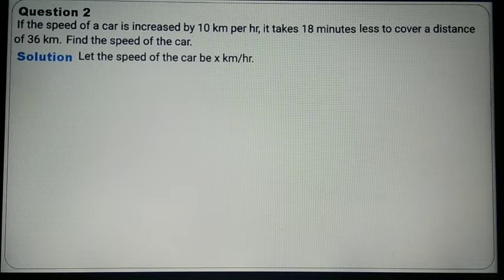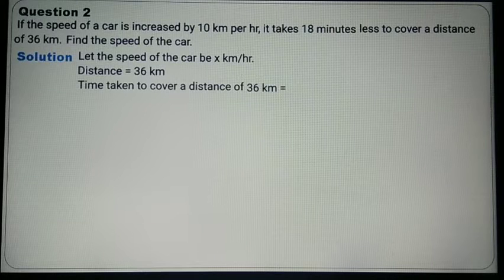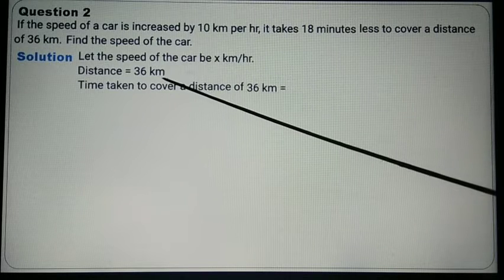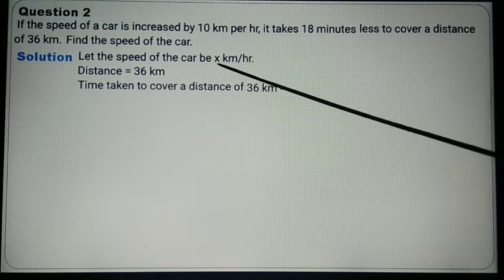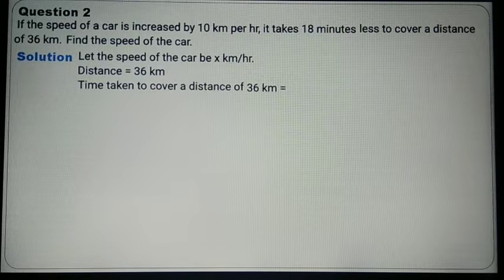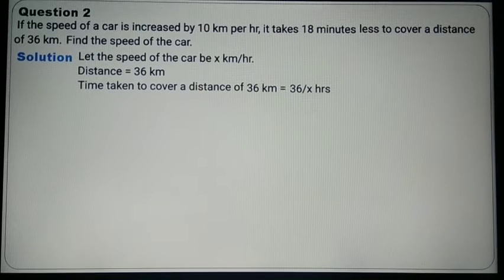So we have the speed of the car to be x kilometer per hour, and the distance to be covered is 36 kilometer. Time is given by distance by speed, right? Distance is 36 kilometer and speed is x kilometer per hour, so the time is 36 by x hours.